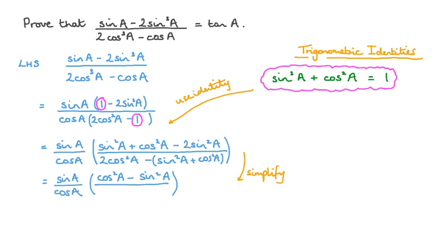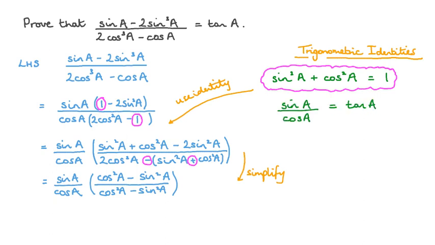We got that because we had sin squared A minus 2 sin squared A, which gives us negative sin squared A, and then we've got our cos squared A, so that's cos squared A minus sin squared A. And on the denominator we also have cos squared A minus sin squared A. The reason we get this is because we have 2 cos squared A, and I put in the brackets to avoid one of the common mistakes here: we've now got minus cos squared A, because the negative sign in front of the brackets means that the positive cos squared A becomes negative. So we've got 2 cos squared A minus cos squared A, which leaves us with cos squared A, and then we've just got minus sin squared A.